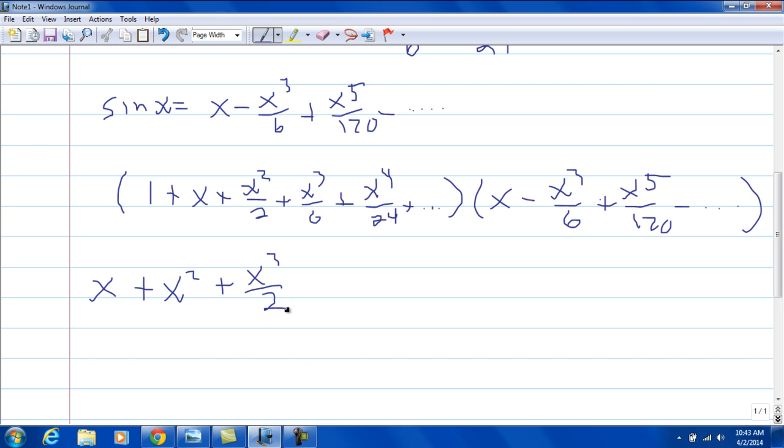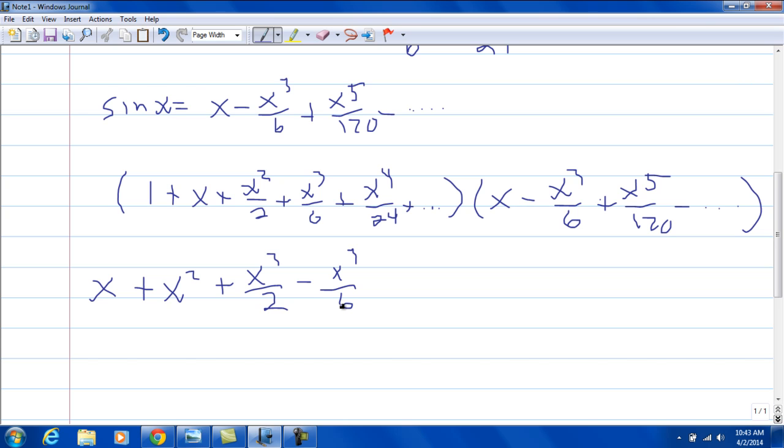Then I'm looking at powers here: 1 times the negative x cubed over 6, that's going to be minus x cubed over 6. And now I think that's going to exhaust the x cubes.